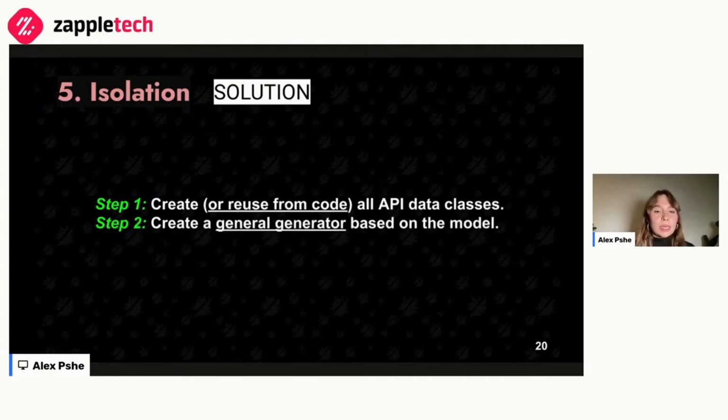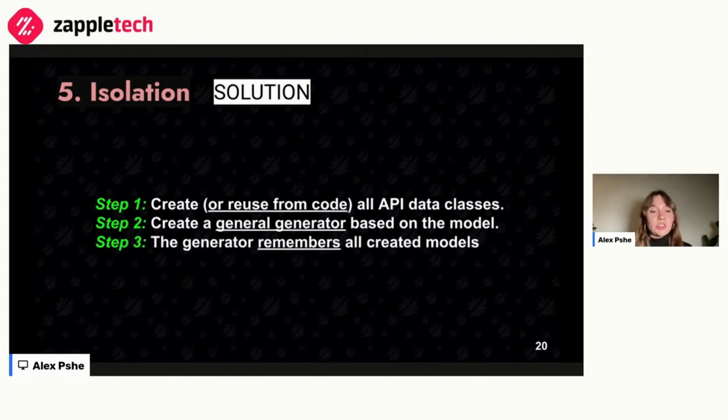And after, we can create a general generator based on the model which we already mentioned in the previous step, right? And after that, this generator remembers all created models and cleans them up at the end. So what does it mean?